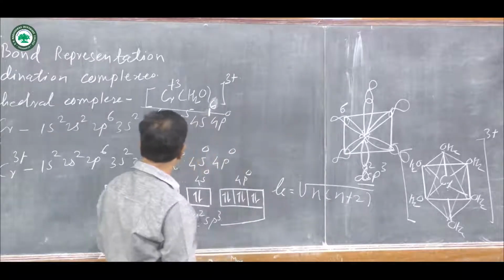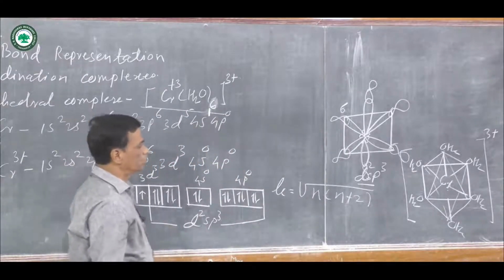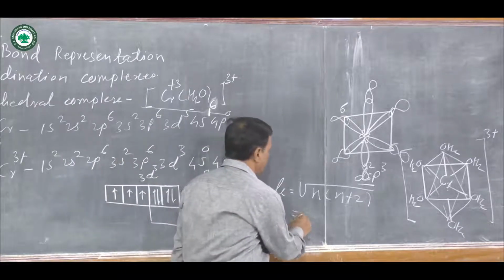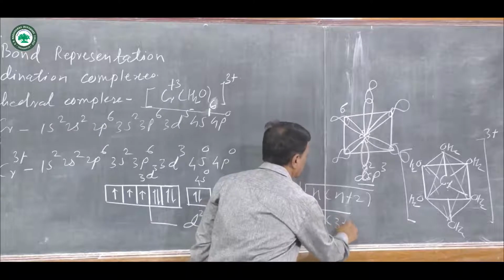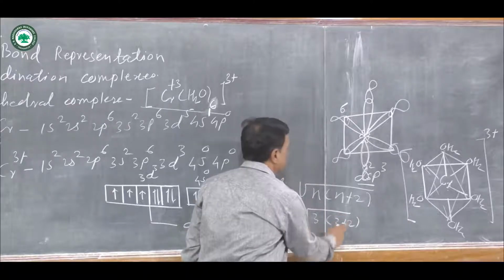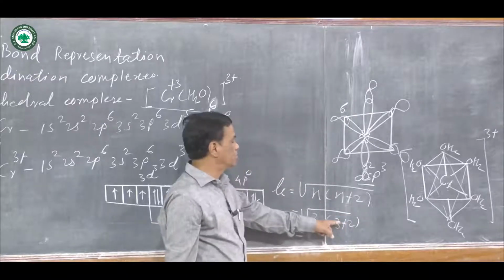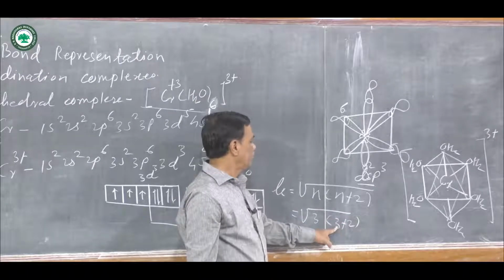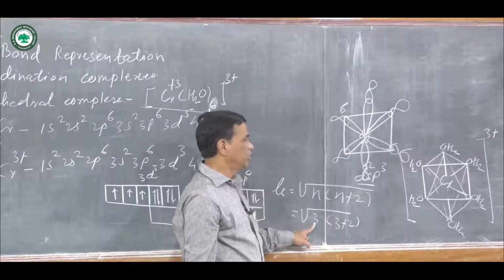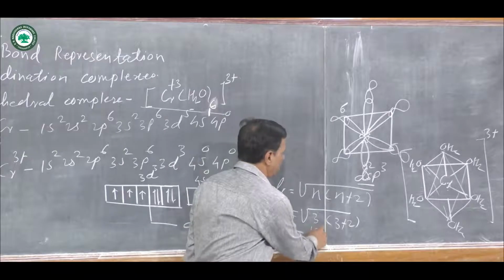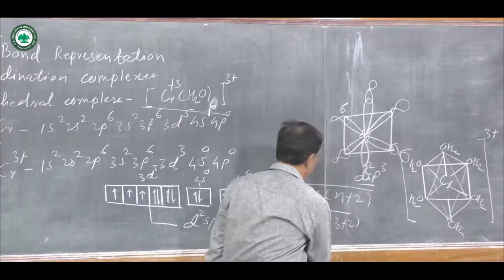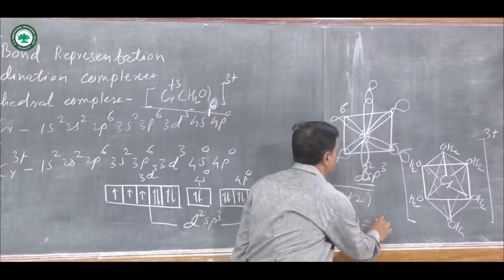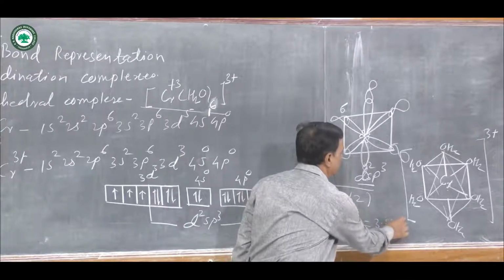Here the number of unpaired electrons is 3. Therefore the value is the square root of 3 into (3+2), that is 3 into 5, which is 15. The square root of 15 is 3.88 BM.